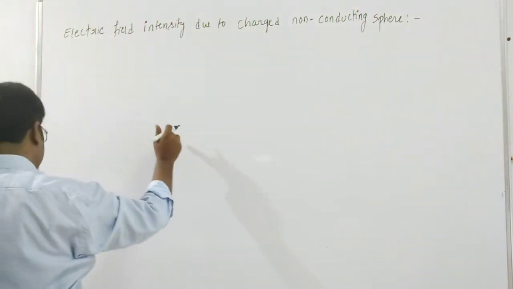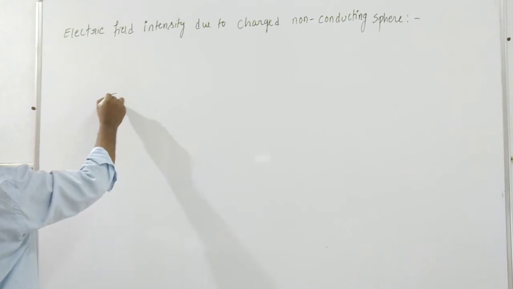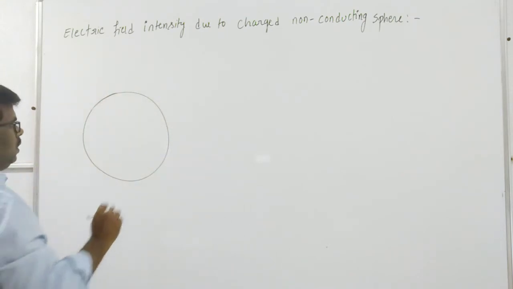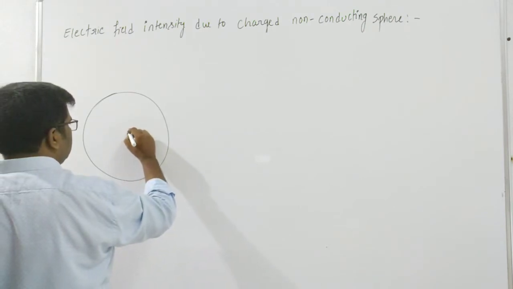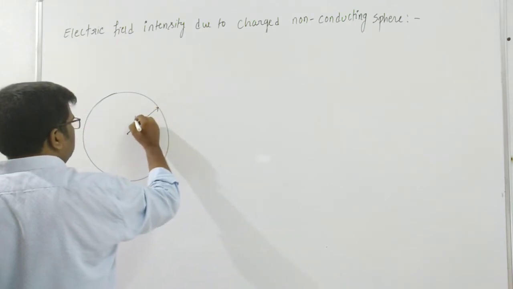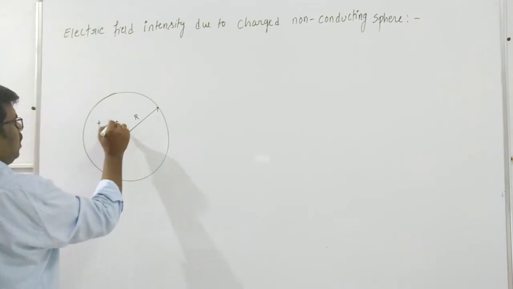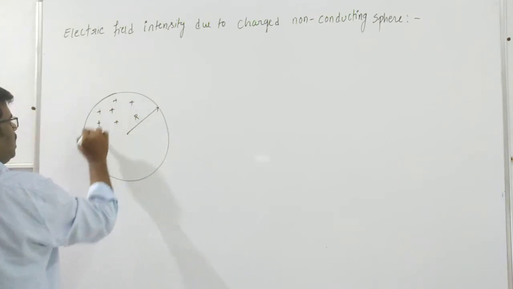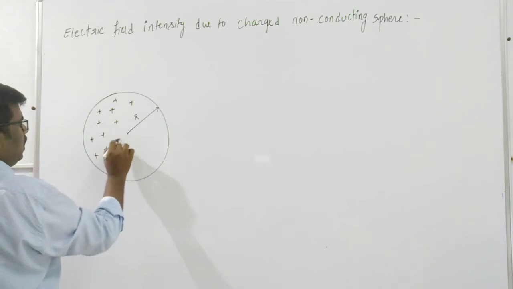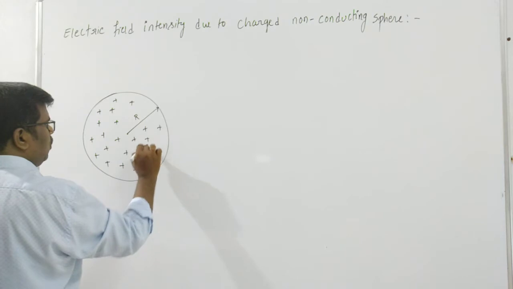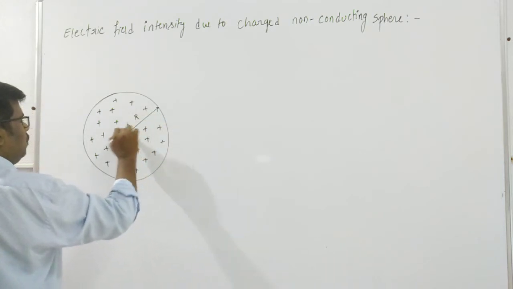Now I am taking a non-conducting sphere whose radius is capital R, and throughout the body, because it is non-conducting, the charge will be distributed uniformly.